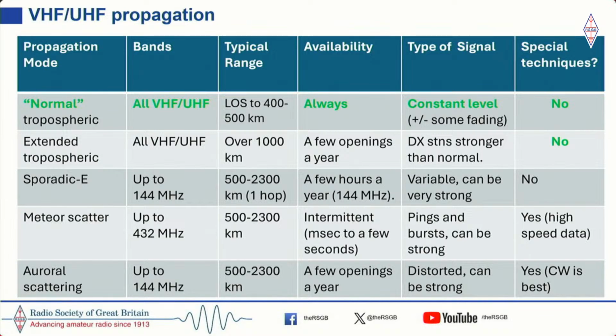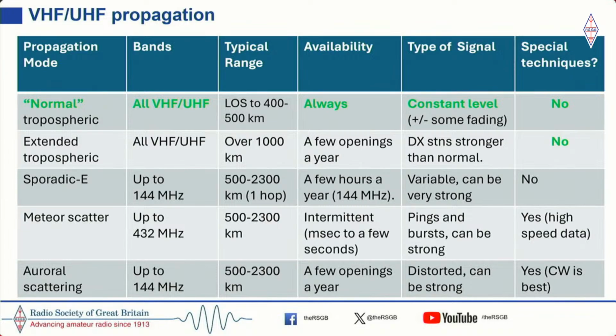Again, a few openings a year, more than in previous years. Now we're at the top of the sunspot cycle, and if you're watching this live, please don't go. But every now and again, my phone's going to go off to say there's aurora on 2 meters. But don't worry, there'll be another one along in a few days or a couple of weeks.